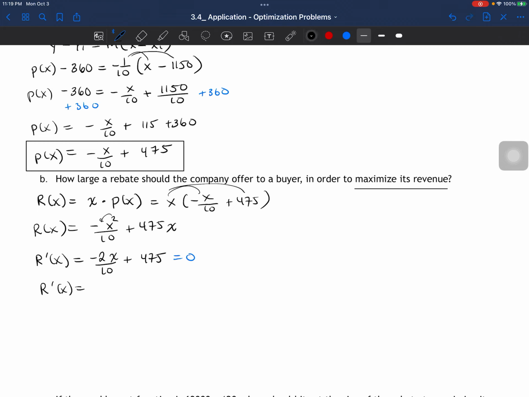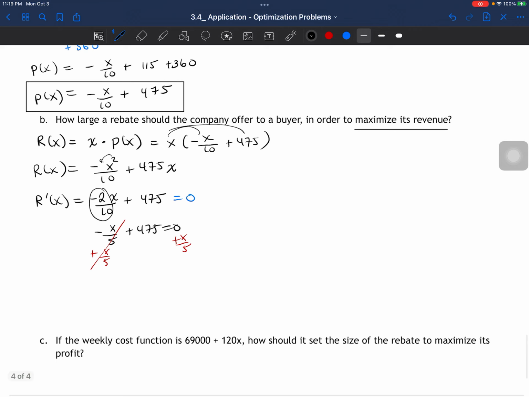Right. So now we're gonna simplify this, and we see this is simplified to be negative x over 5 plus 475 equal to 0. And we can solve for x by adding x over 5 on both sides of the equation and having 475 equals x over 5.